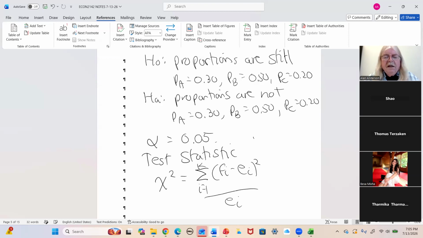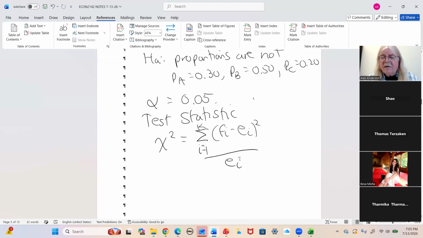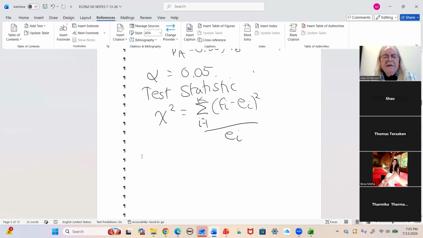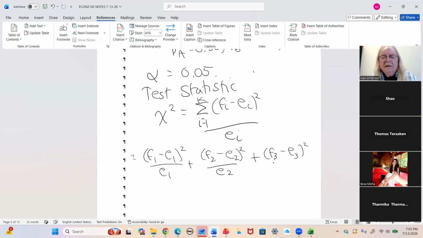This time there's three categories, by the way. So now we just plug in the numbers.